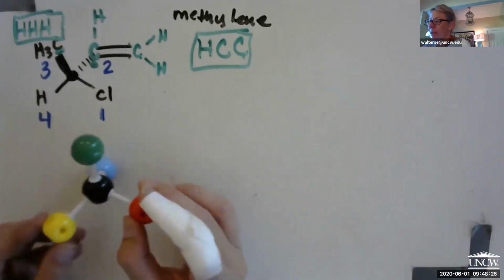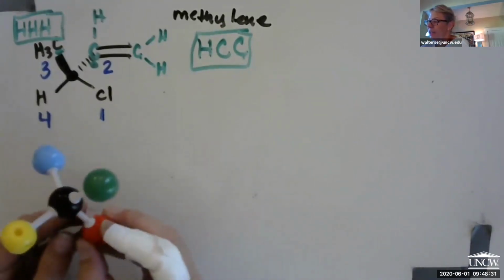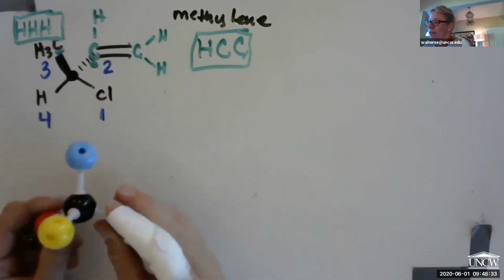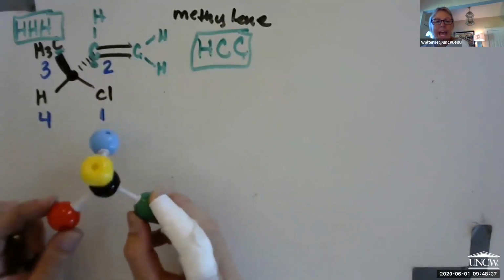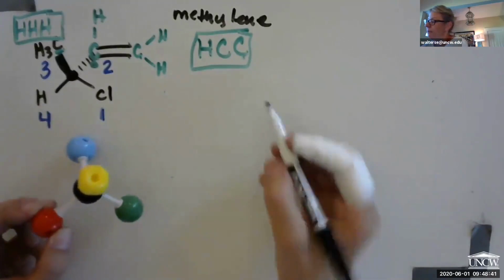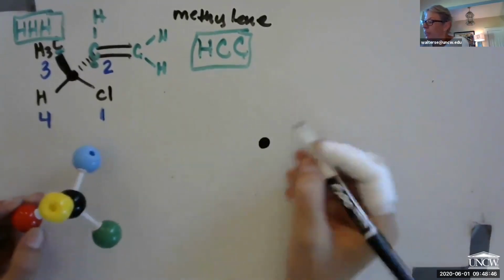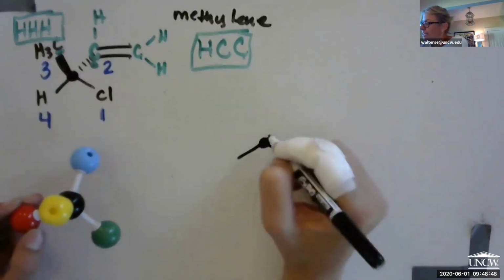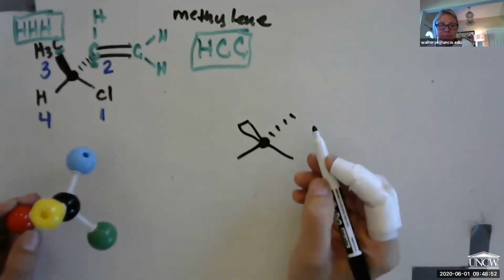Okay, and I got to tip it so that I have, let me see, wait, like this, okay. All right, so the way I have this organized, and I'm going to redraw my carbon. So this is my chiral carbon, and I'm just going to write the color names on the ends of the bond.